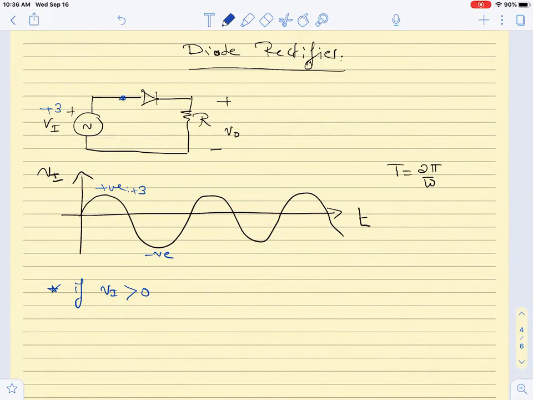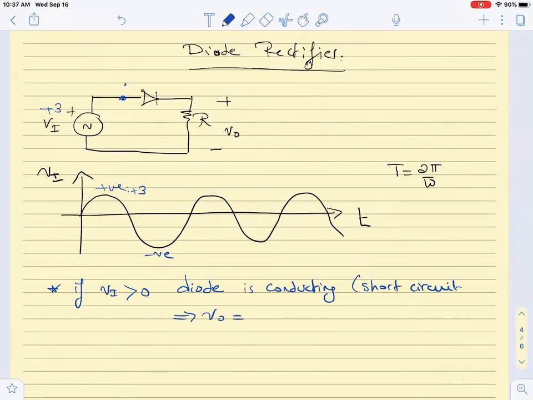What will the diode be? It will be on. Okay, so the diode will be conducting and it will be on. So it will act as a short circuit, right? So what is V out in terms of Vn?